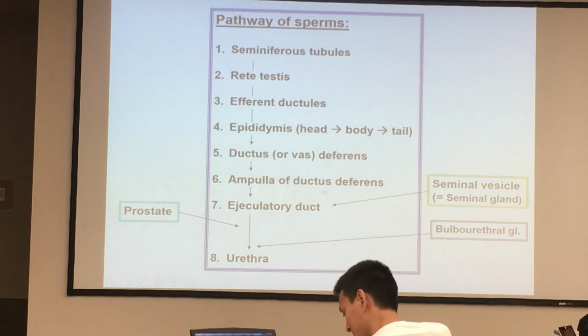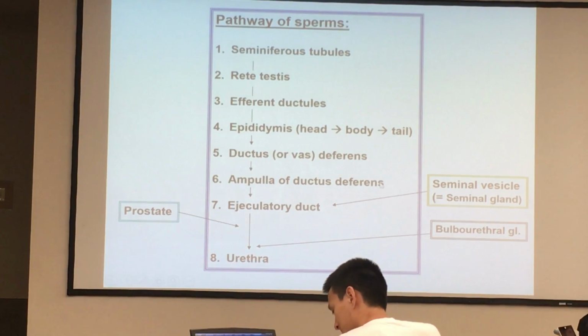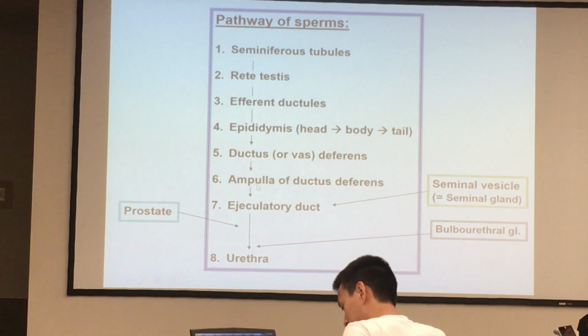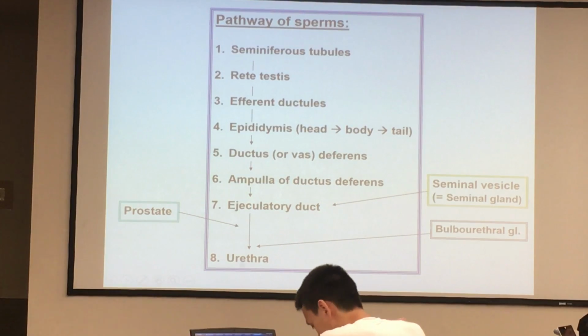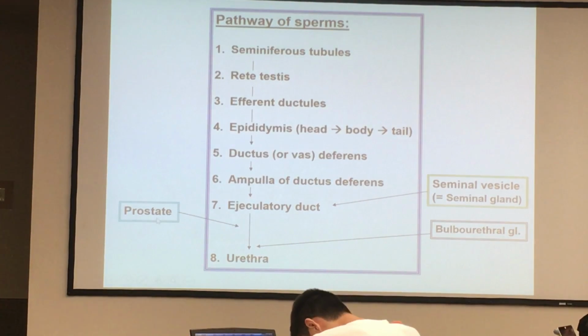Sperm will stop in the ampulla without sexual activity. And with sexual activity, you will release through ejaculatory duct and send to the center of the prostate and then go to the urethra. Then we have accessory glands: the prostate sends out fluid. Seminal vesicle, seminal gland sends out fluid. Upper urethral gland sends out fluid.